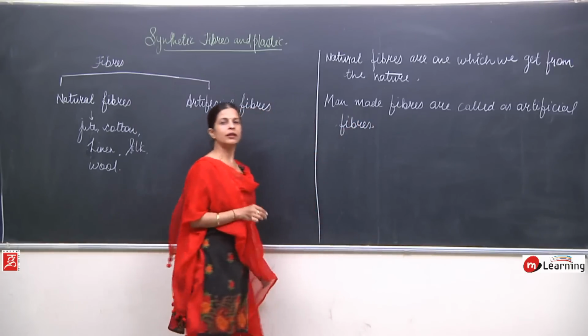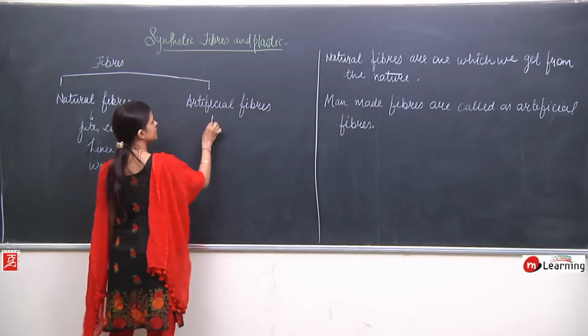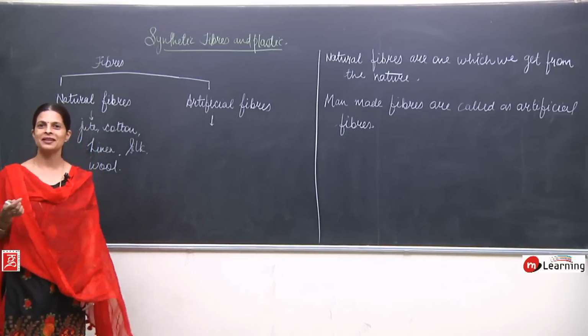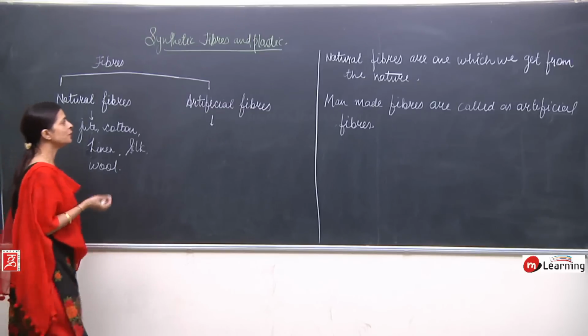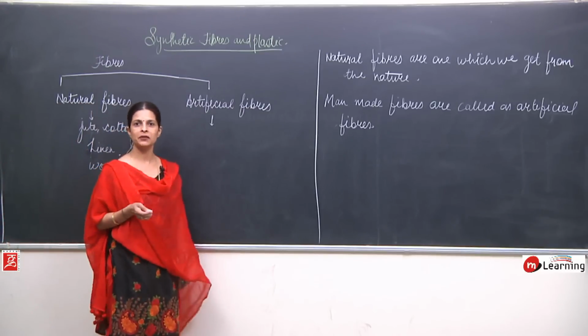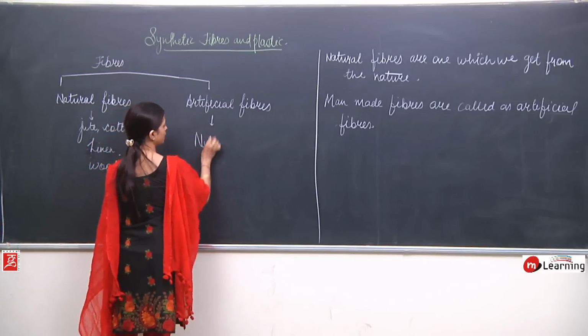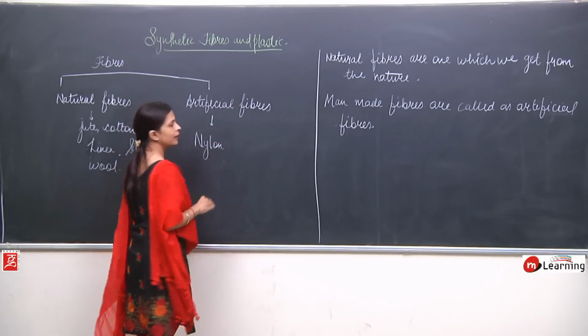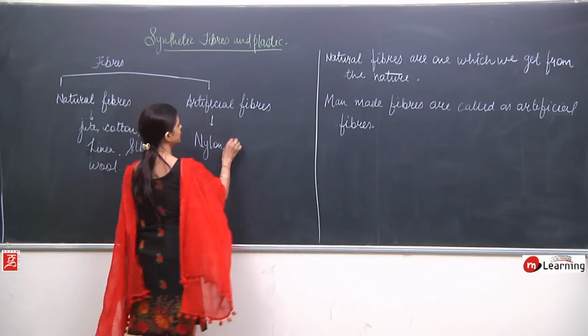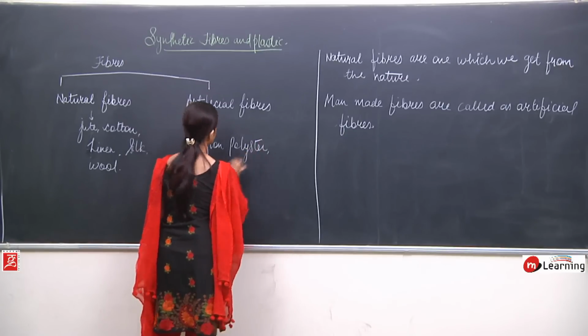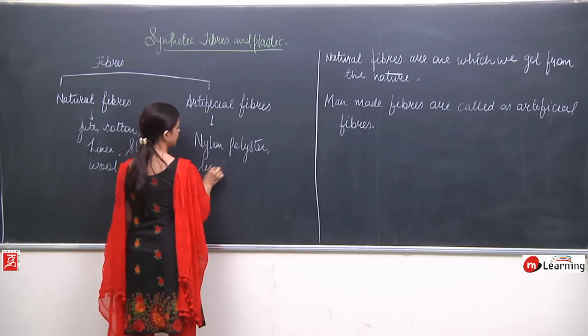So, what are the examples of artificial fibers? It can be nylon, polyester, terylene.